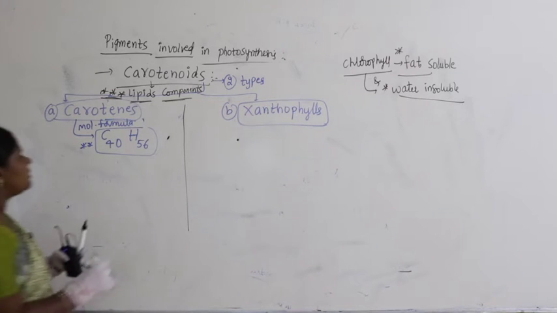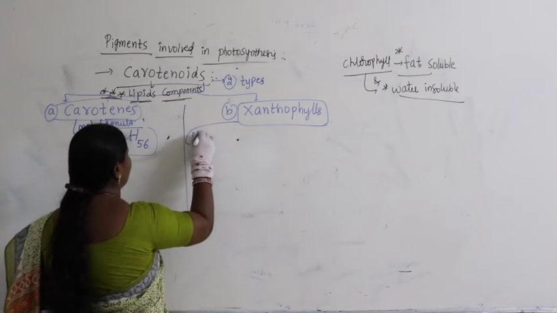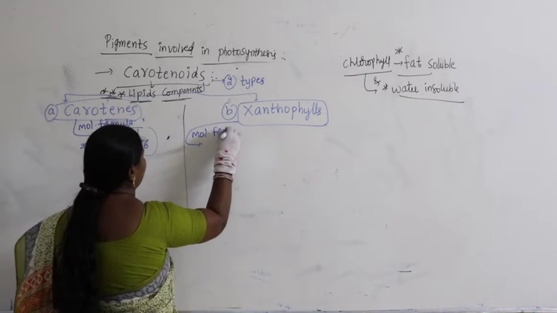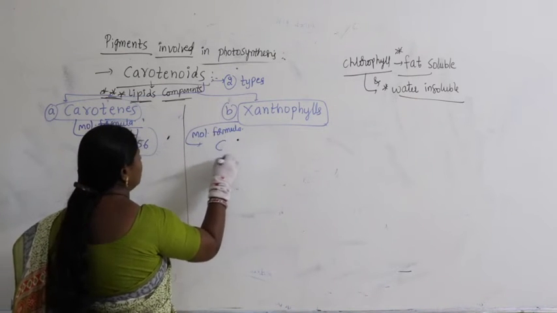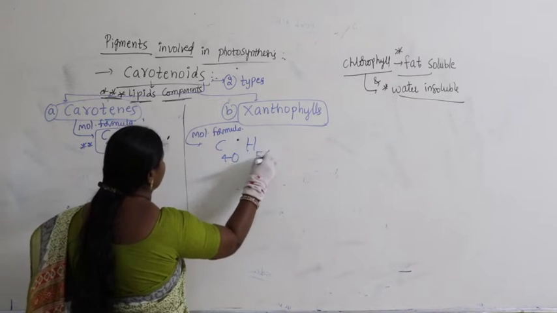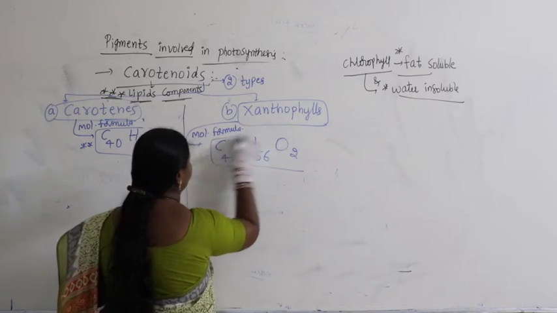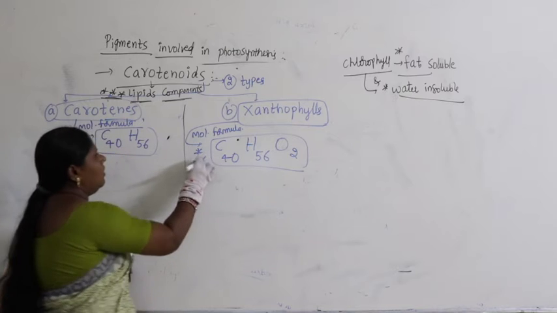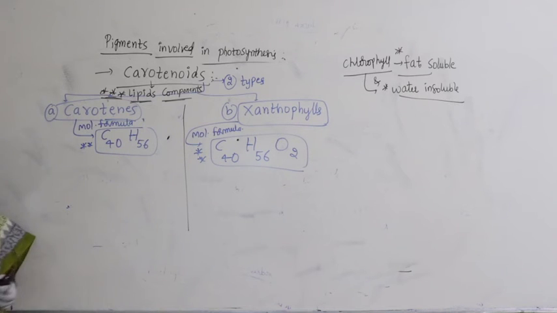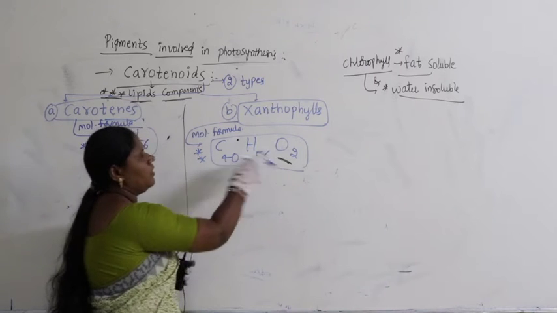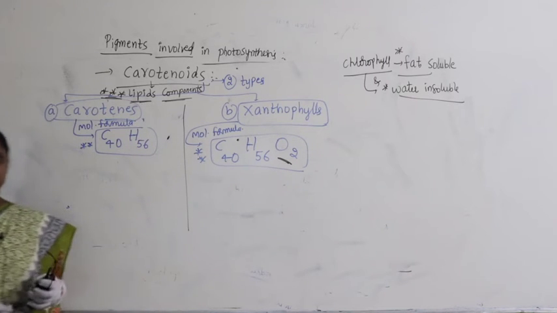Carotenes. Coming to xanthophylls, the molecular formula we can take is C40H56 and oxygen. Very, very important. What is the difference? Oxygen.